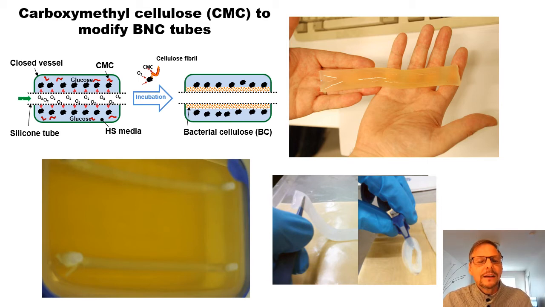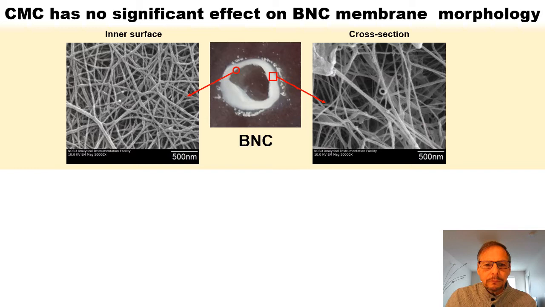So it's a little detail just to highlight the fact that by playing with the culture medium, we can make such type of modifications, in this particular case to activate the membrane, to make it more reactive by adding CMC, carboxymethyl cellulose.